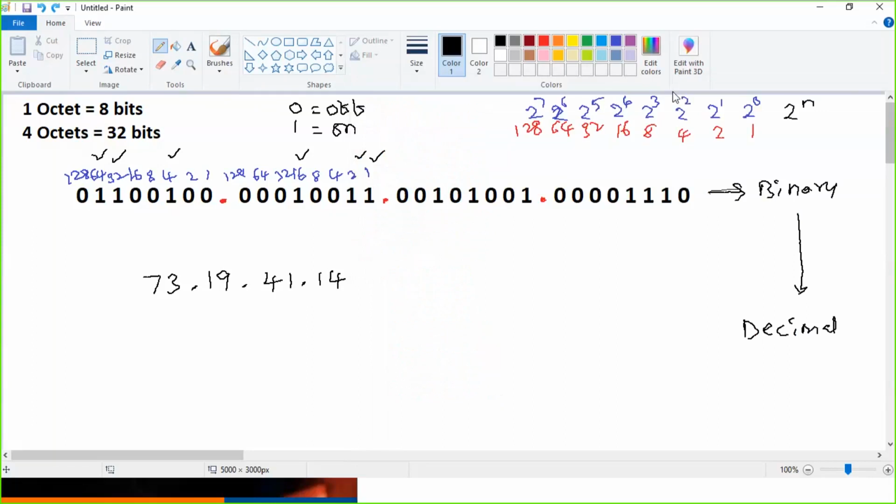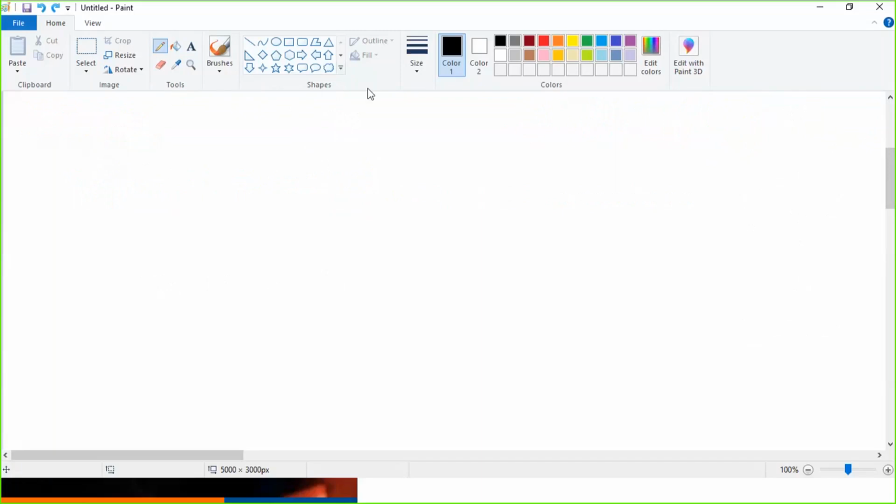So this is how we can convert binary to decimal format. But now we need to understand how many IP addresses are available in total in IPv4. How can we come to know the total range of IPv4 addresses? Simple. IPv4 address space. How many bits is an IPv4 address? 32.